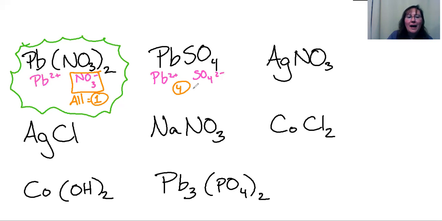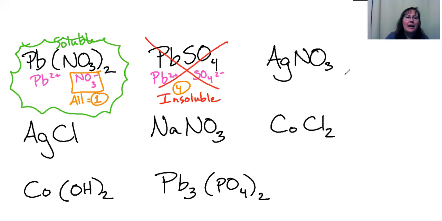That means that this is insoluble because it's an exception to that rule. So PbSO4 is going to be insoluble. And this one is soluble.